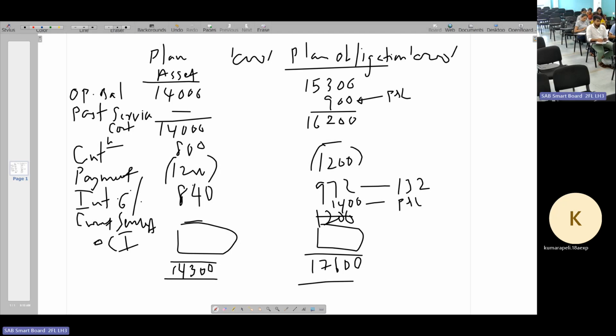Remaining 140, double entry: asset debit, OCI credit. OCI credit, right? Okay, OCI, we need to get the net figure. But to understand how OCI would be adjusted, you should write like this.